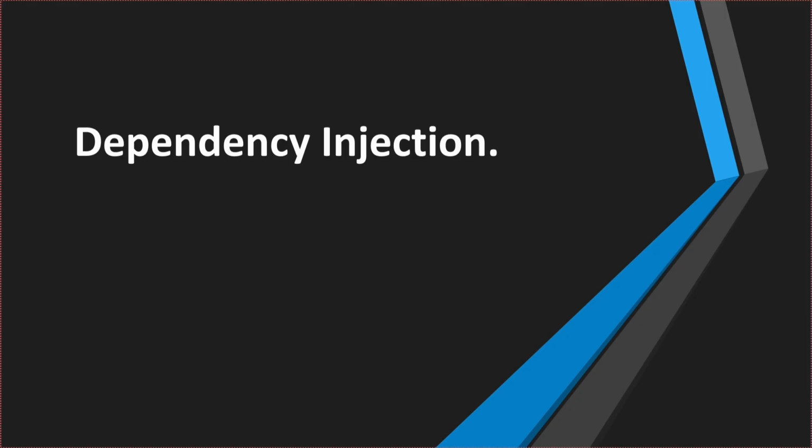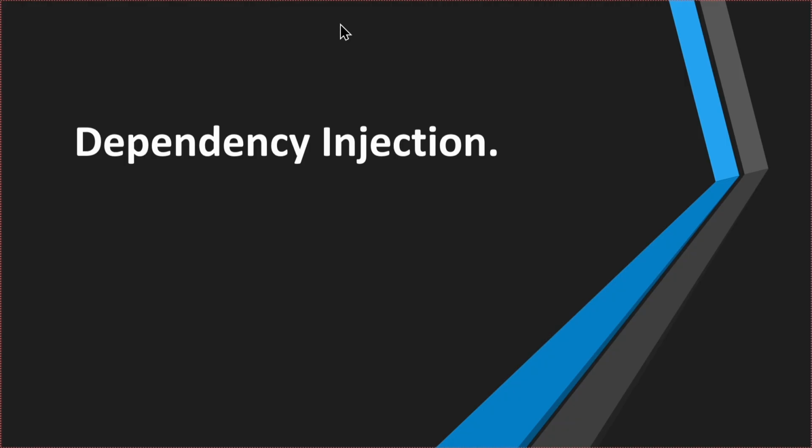Moving on to dependency injection, we need to know something called a Java Bean. A Java Bean is a reusable software component that follows specific conventions regarding its construction, properties, and behavior.